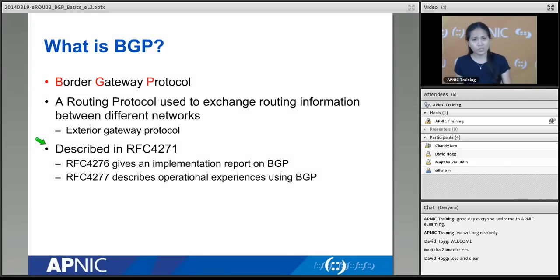RFC 4276 is if you're interested in writing the software, but RFC 4277 is for implementation. So most of us that have more operational experience in using BGP might want to look into 4277 rather than 4276.